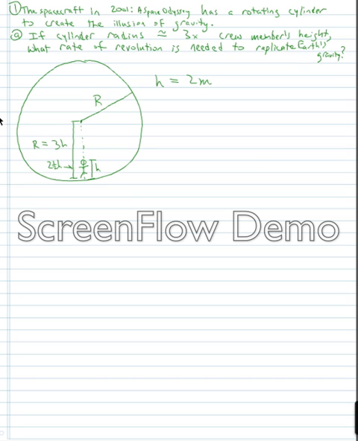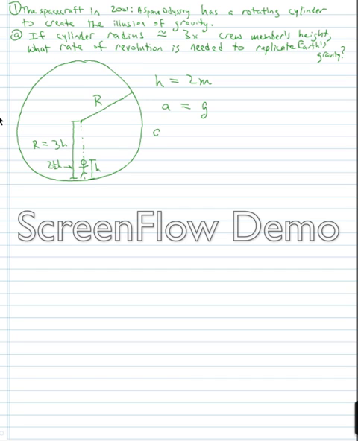And now we want to say, how do we replicate the acceleration of gravity, right? So an object near the Earth's surface, in free fall experiences an acceleration g. Now, instead, we want a centripetal acceleration to simulate the Earth's gravitational acceleration.